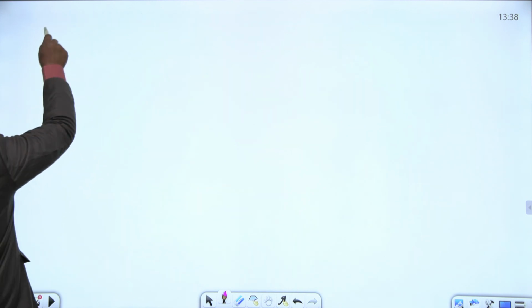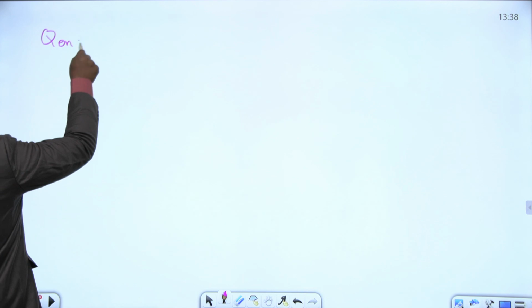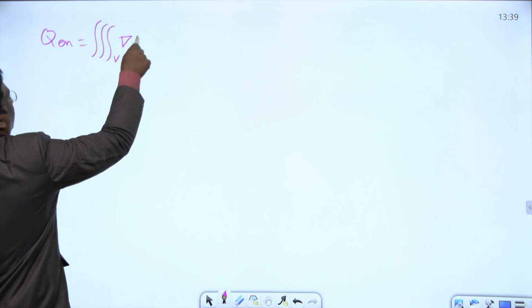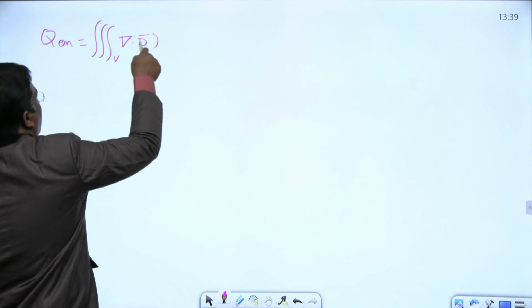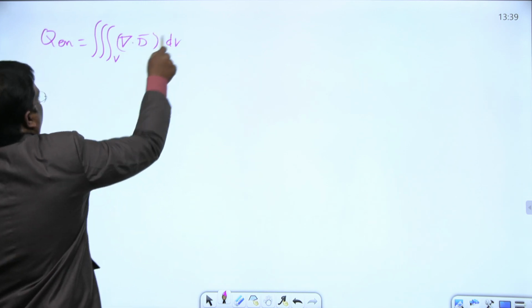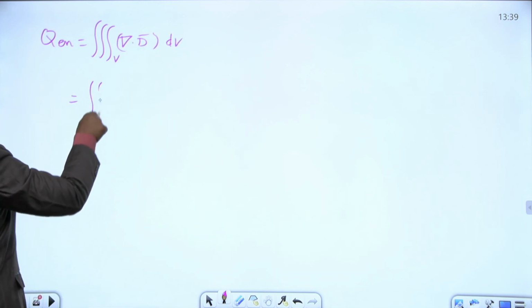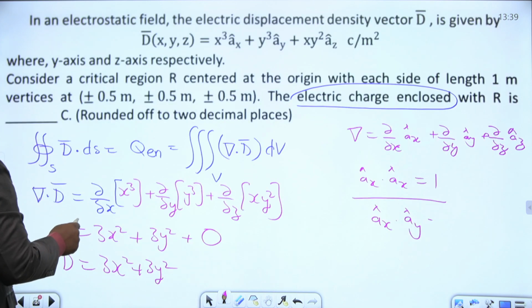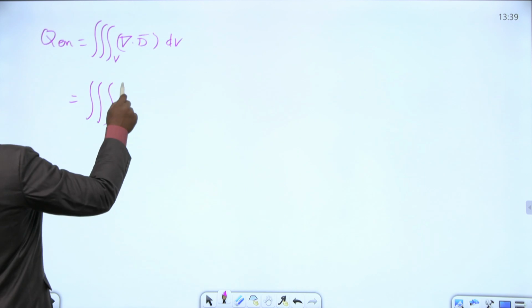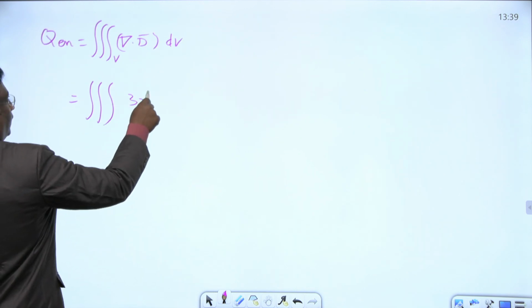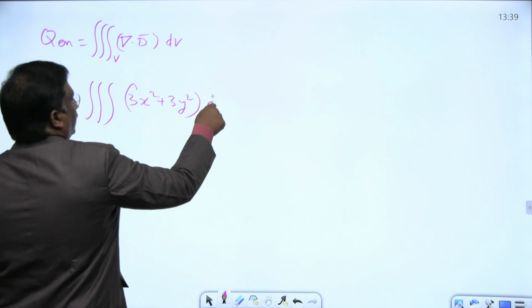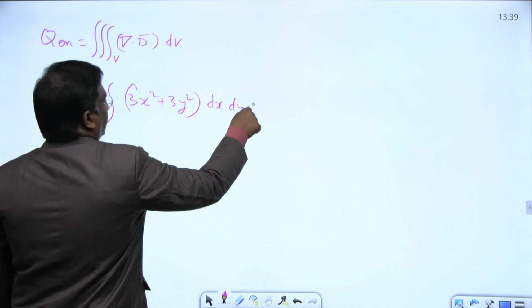What is the charge enclosed? The charge enclosed is the volume integral of del bar dot D bar dv, which is the volume integral of 3x square plus 3y square dv. In the Cartesian coordinate system dv is dx dy dz.